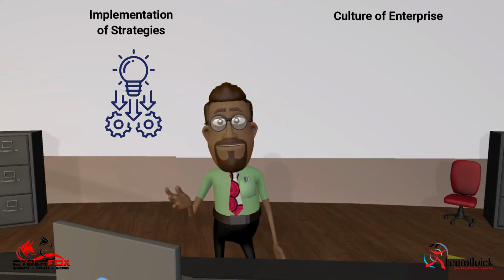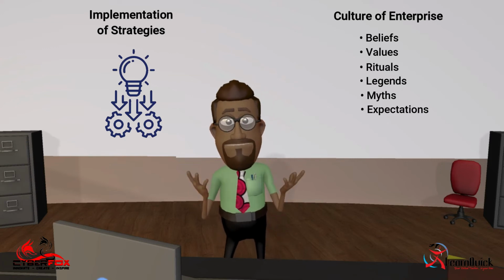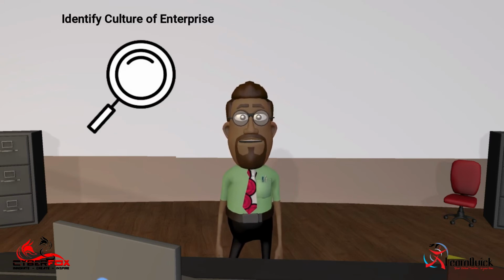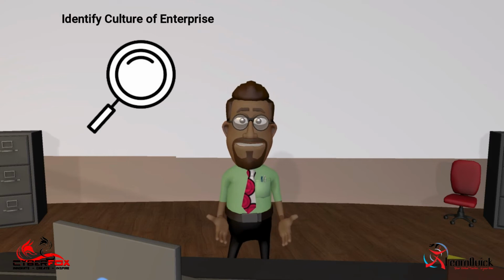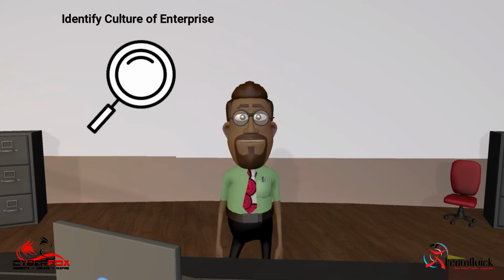The culture of the enterprise is a collection of separate and collective assumptions like beliefs, values, rituals, legends, myths, and expectations found among the members of the enterprise. It is important to identify the culture of the enterprise, develop a strategy of a supportive culture, and manage the strategy-culture relationship.